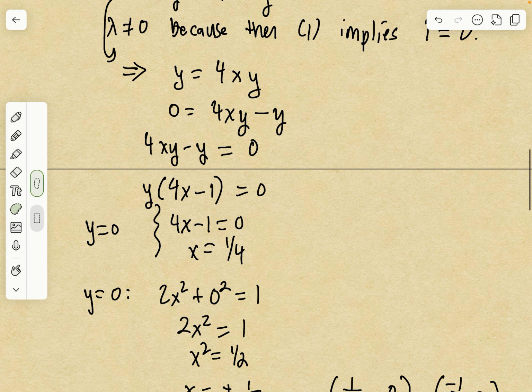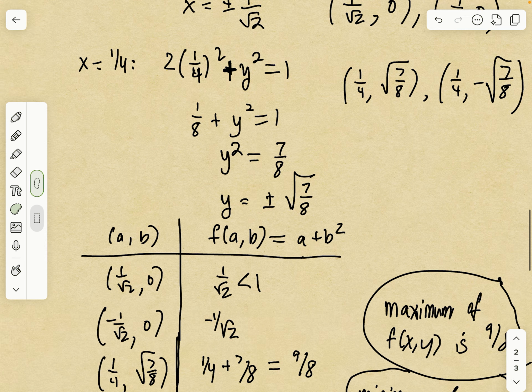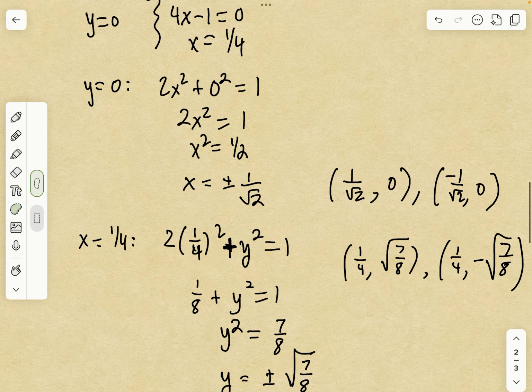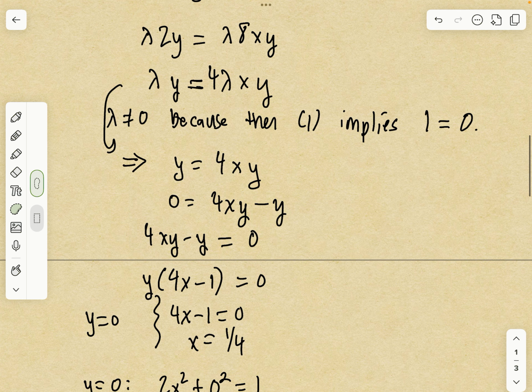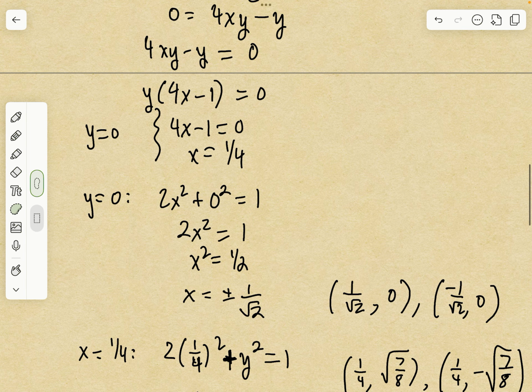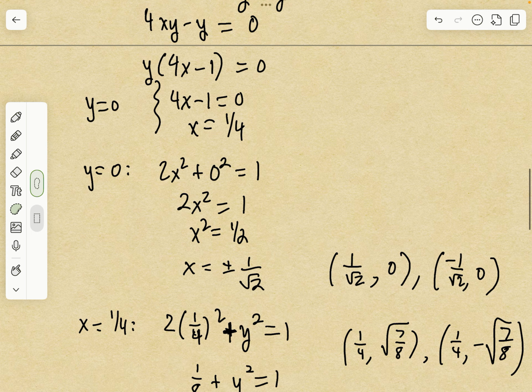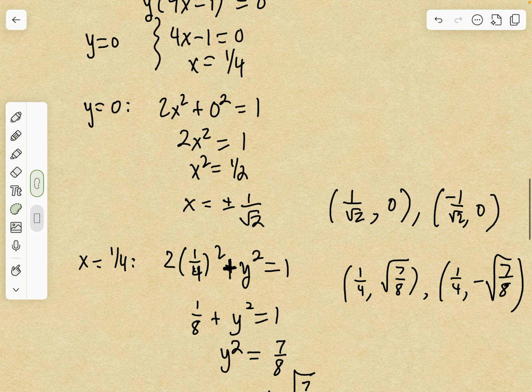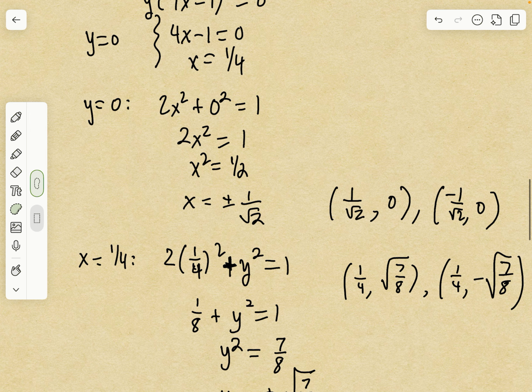And then you get y equals 4xy. Again, we don't want to divide both sides by y. Actually, if we divided both sides by y, we would have ended up missing the minimum. You have to factor instead, and then set each of the terms equal to 0. Once you have a product equals 0, you set each term equal to 0, and then you solve. So you get y is 0 or x equals 1/4.